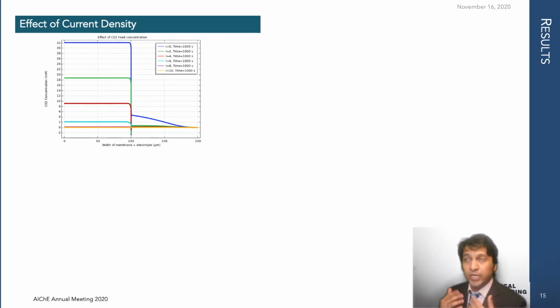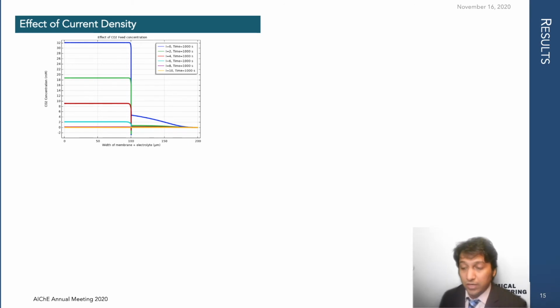In a real-world application, it would be like when it's integrated with an electrocatalyst, which is consuming CO2 at that rate. So just to make the model think like we are actually consuming the CO2, we use the parameter current density. And as we can see here, as the current density increases, the concentration of CO2 in the electrolyte decreases.